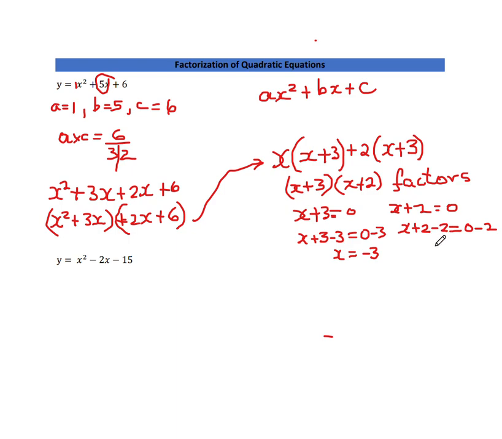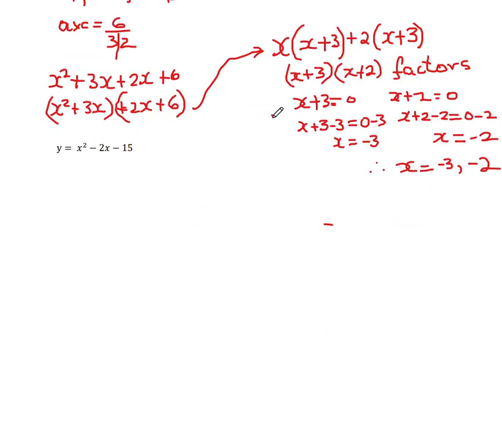So x plus 2 minus 2 is going to be x plus 0, or just x, and 0 minus 2 is going to be minus 2. So therefore we end up with the solutions for this quadratic, or in other words the x-intercepts for this quadratic, are negative 3 and negative 2. And that's how we solve a quadratic equation in standard form.